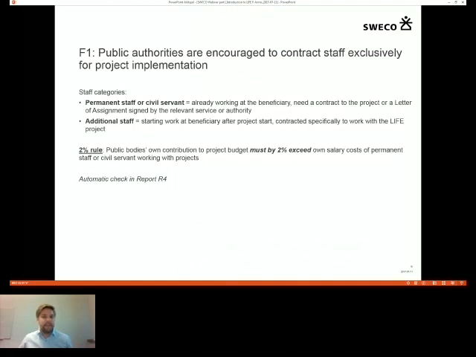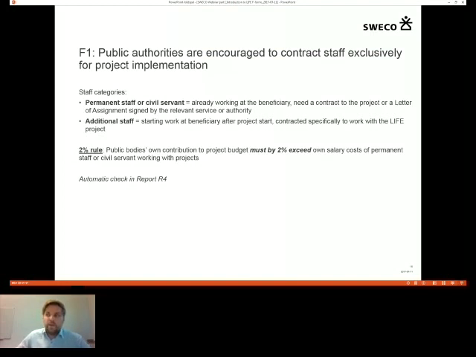So it will be written in their employment contract that they are supposed to work specifically with the LIFE project, for example, 70% of their time, and perhaps 30% of their time they will work with administrative tasks in the municipality. Of course, their contract will need to be renewed following the LIFE project, or it may be terminated if the municipality doesn't need them anymore.